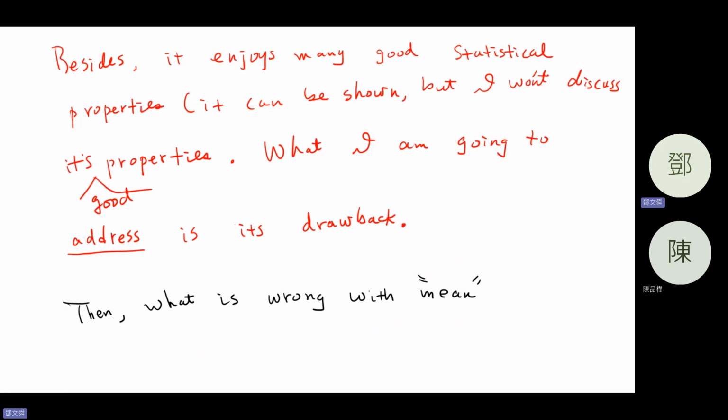It goes wrong only sometimes, maybe a few times. In what occasion does the mean go wrong?